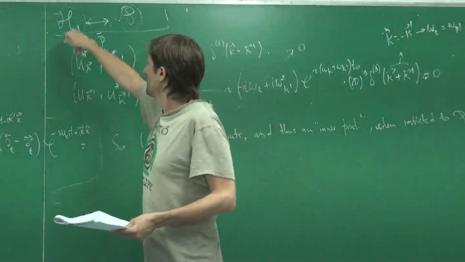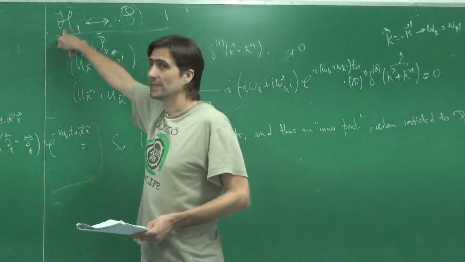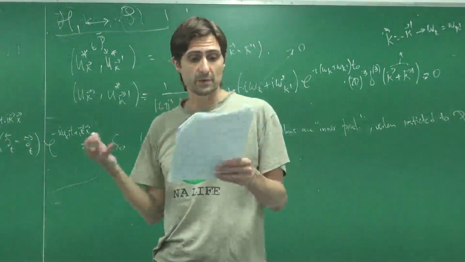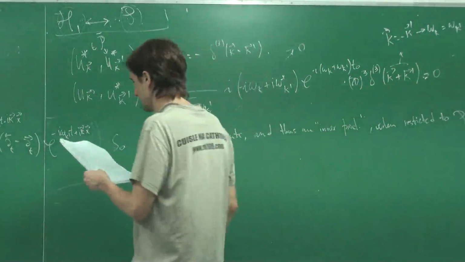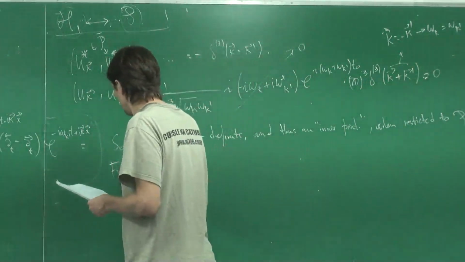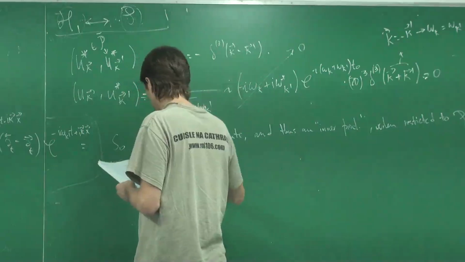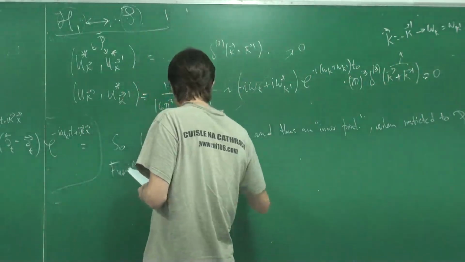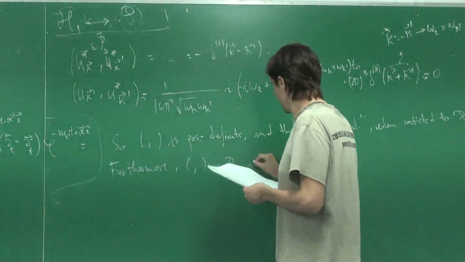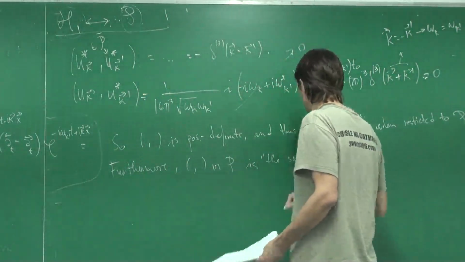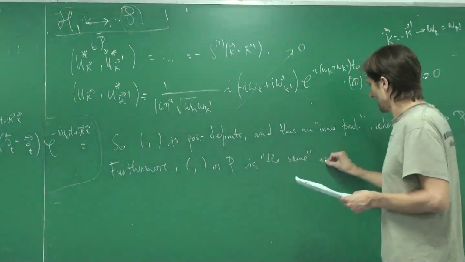Also, we've defined an inner product in H1, we've defined an inner product in P, and they actually happen to be the same, so I'll show this next. Furthermore, this inner product is the same in the following sense as the standard one.